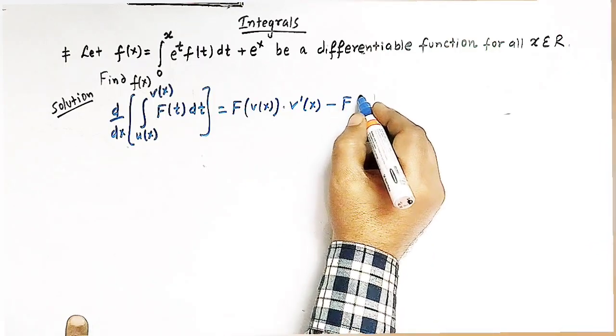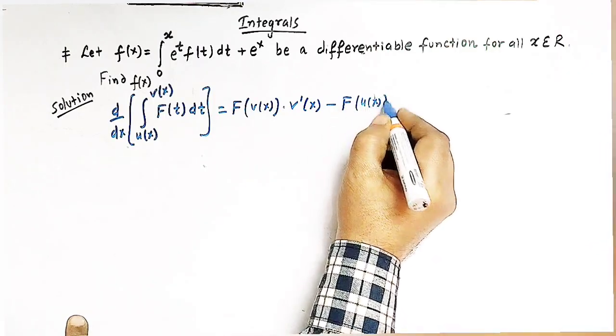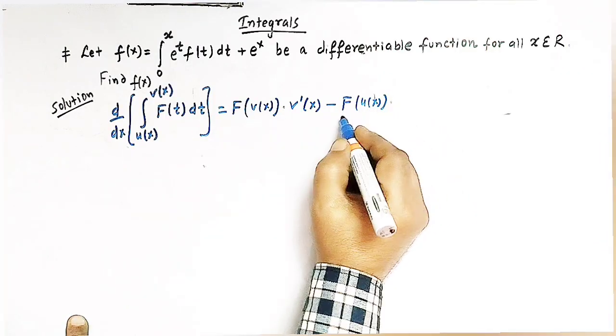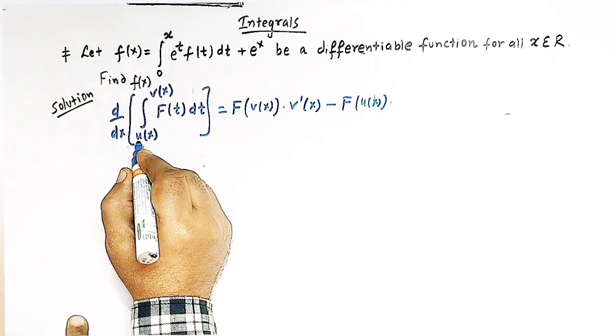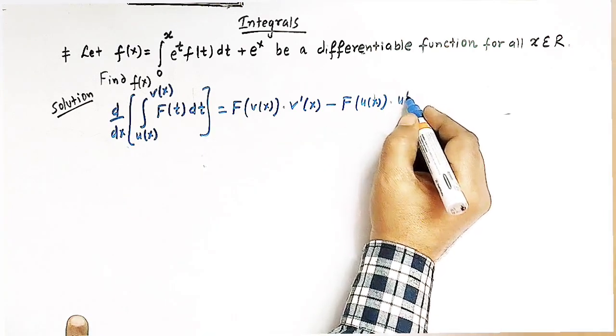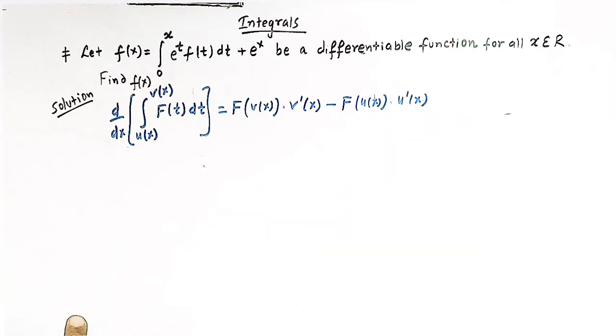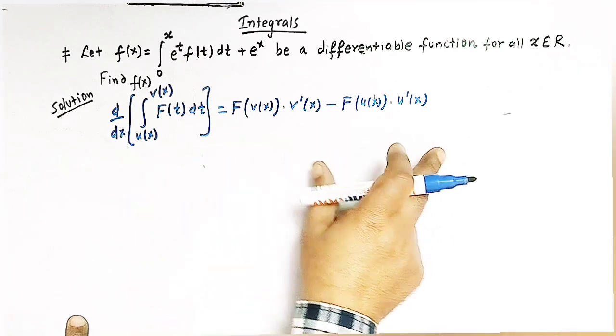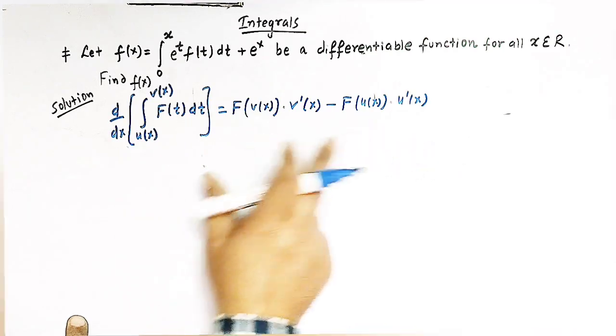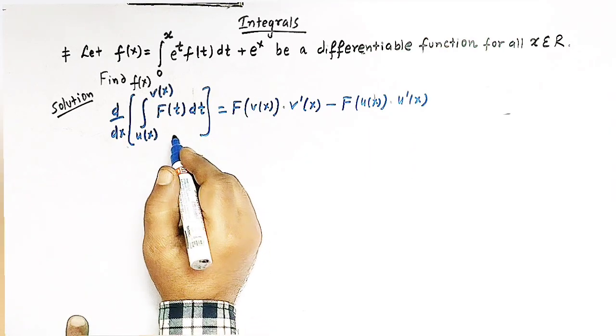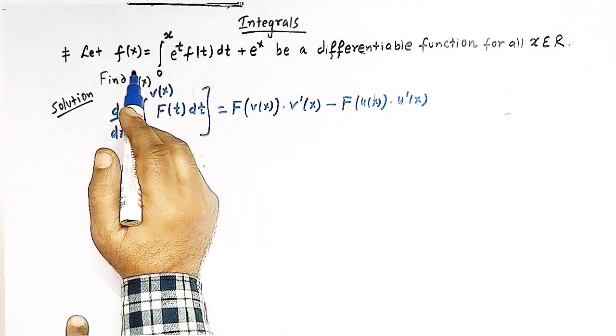So we have f of u of x, and then we multiply this term by the derivative of u of x, right? Okay, so this is the Leibniz integral rule.